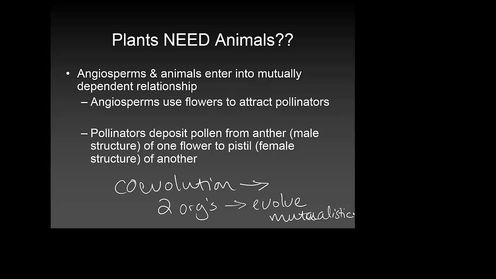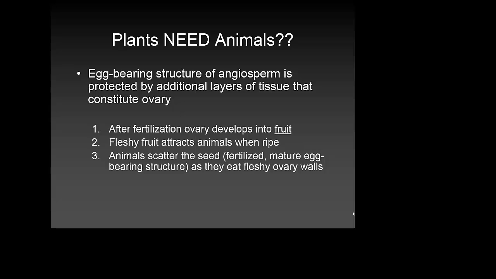Okay, so attracting pollinators to the flowers, very important step for the plants, but then also we'll look at the need for the plants and animals to interact and start developing these fruit structures for the plants, because it allows them to draw in even more seed dispersers.